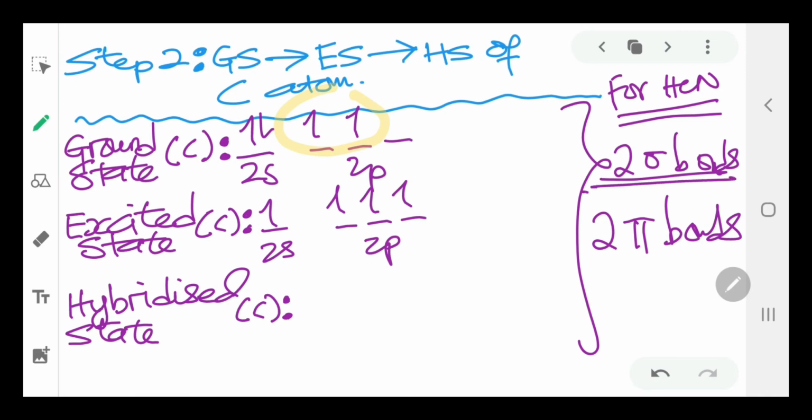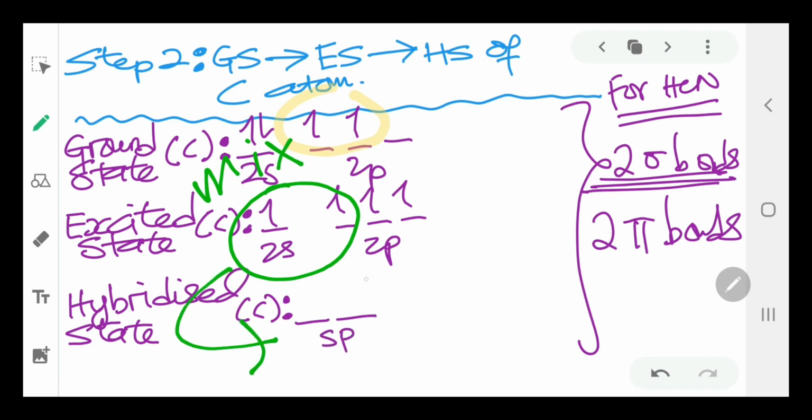Therefore, you only need to mix 1 s and 1 p, that one over here and that one over there, to get sp hybrid orbitals. Those are the 2 unpaired electrons you need for sigma bond overlapping.